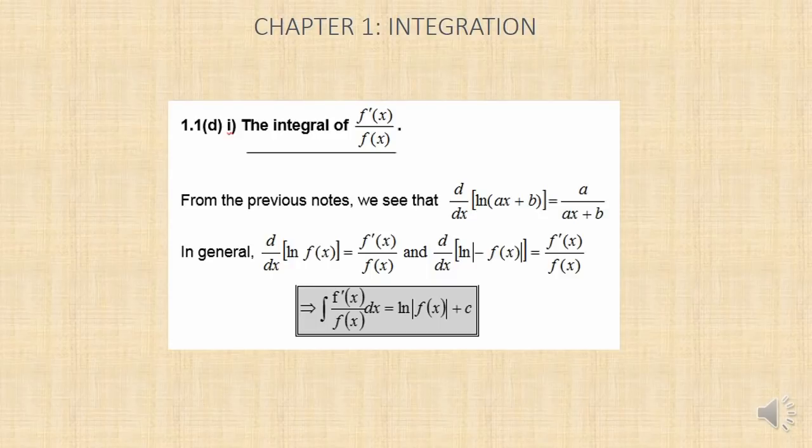So we can simplify this: the integration of f prime x over fx gives ln fx plus c. So this is the integration if we have a term in the form f prime x over fx.